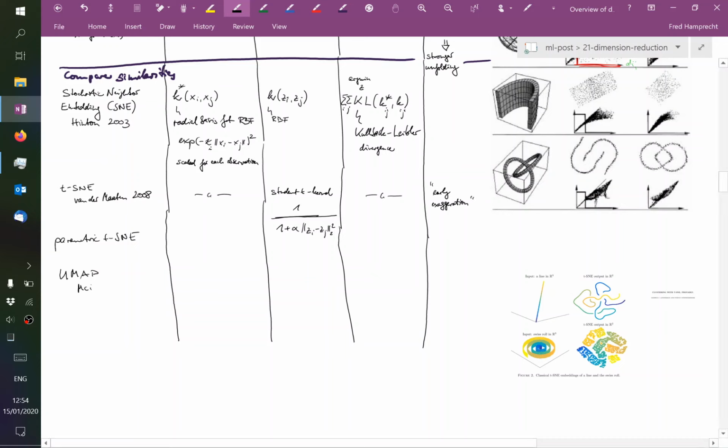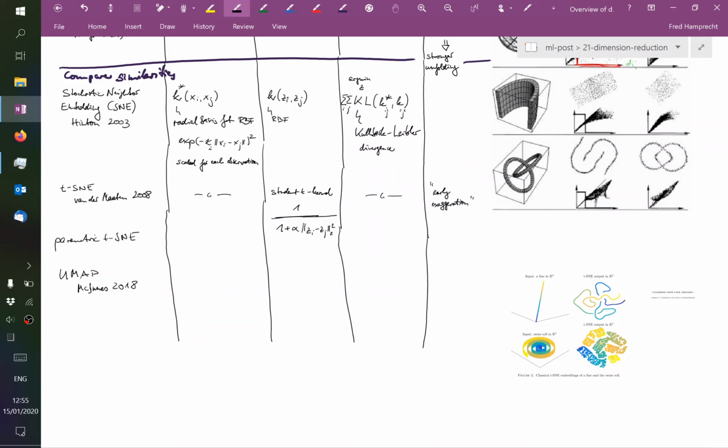This is by McInnes, and it is not so well known yet. And this is better still than t-SNE. So t-SNE ruled for 10 years, and I think we now have something that works a little bit better still.